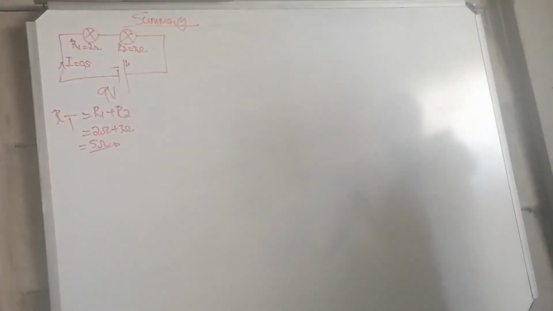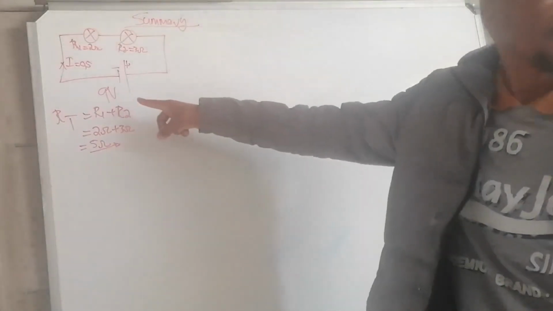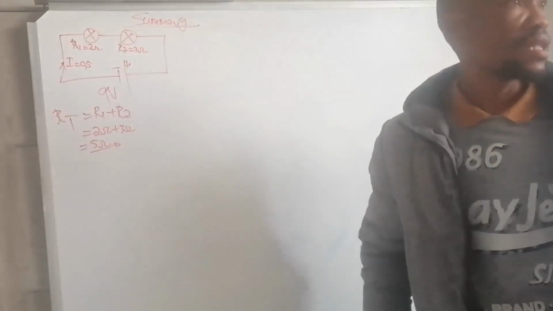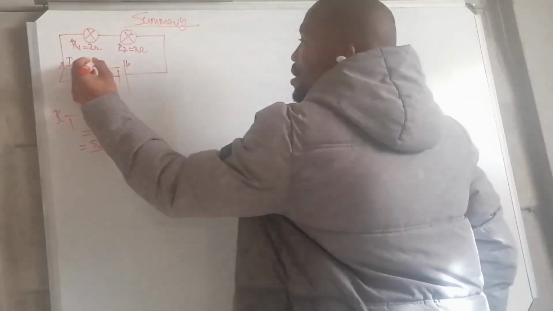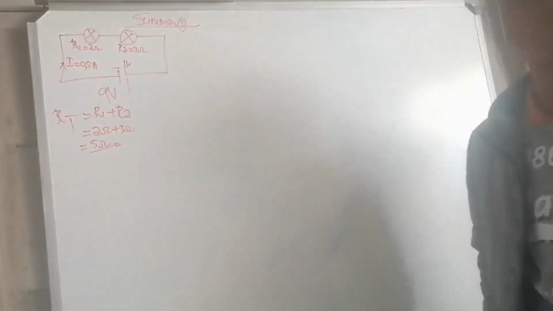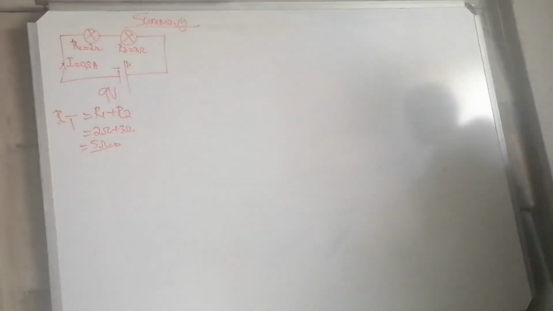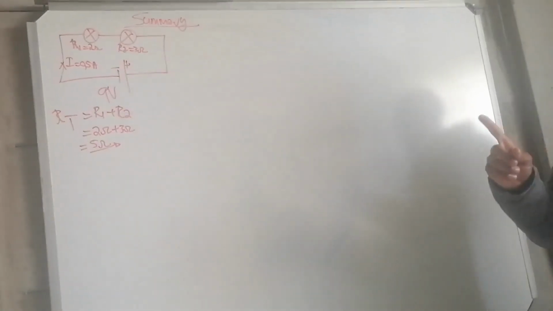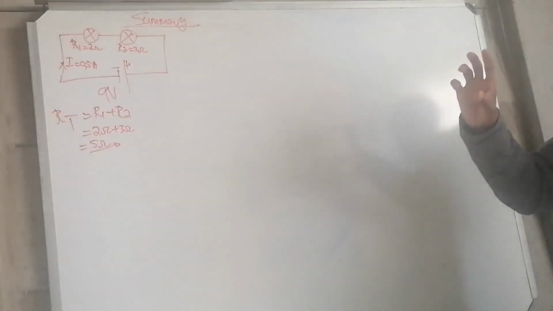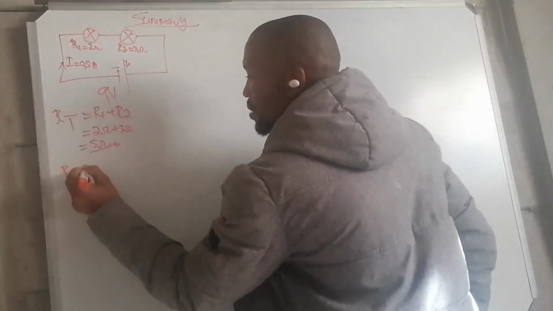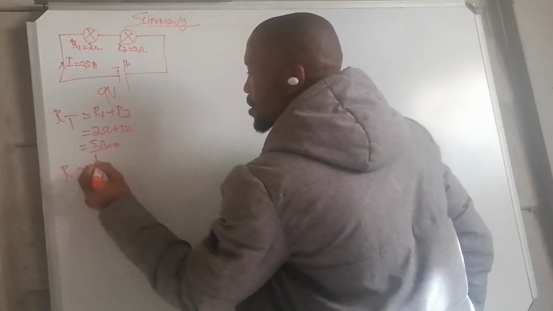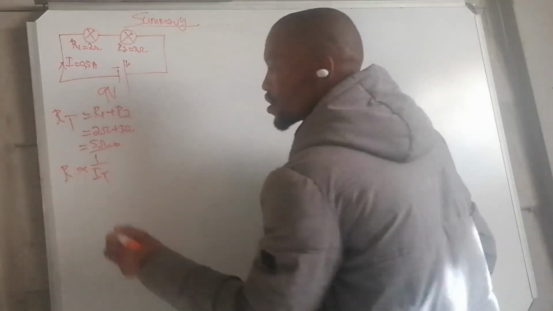Now the question is, how does this affect the voltage and the current that is flowing in the circuit? This is very, very important, because that is the SI unit of measuring current. Now, if resistance here is 5 and the resistance has increased, we know the relationship that resistance is inversely proportional to the total current flowing in the circuit.